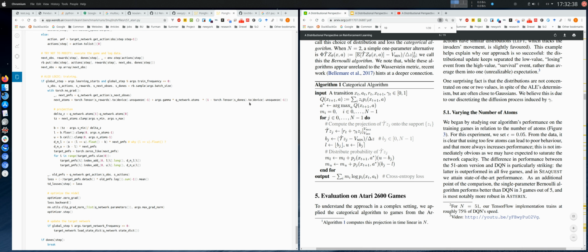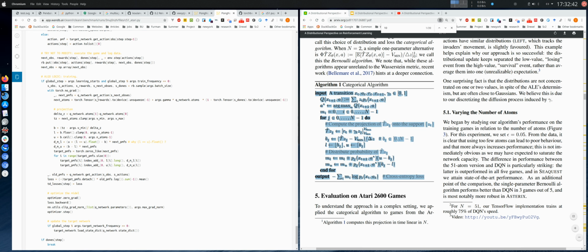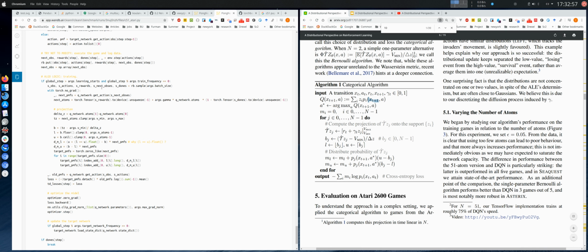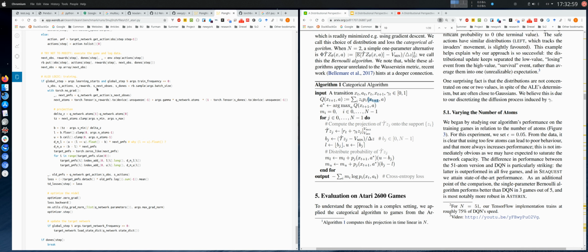So this part corresponds to this part. First of all, you sample a mini batch, a transition, and then you get the actions given the next state. In particular, notice this is x_{t+1}, so it corresponds to the sampled next observations.